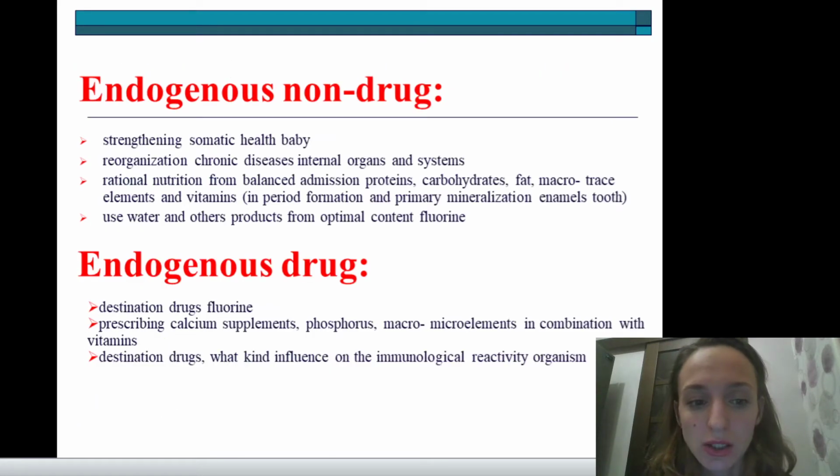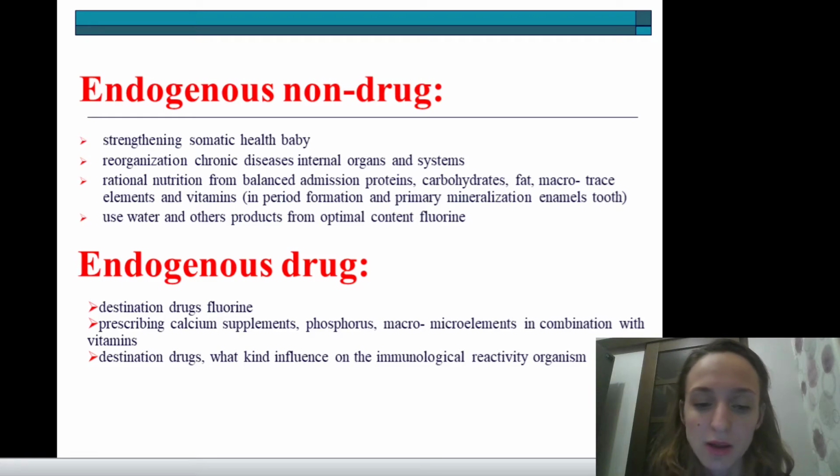Endogenous non-drug prevention: what we can do is strengthen the somatic health of the baby, reorganization of chronic diseases of internal organs and systems, rational nutrition with balanced admission of proteins, carbohydrates, fat, macro and trace elements, and vitamins.